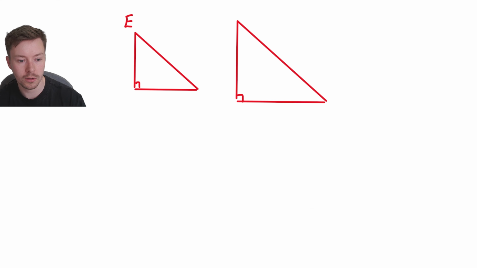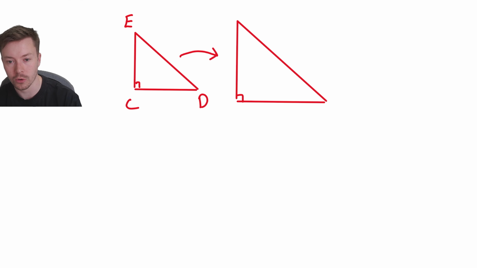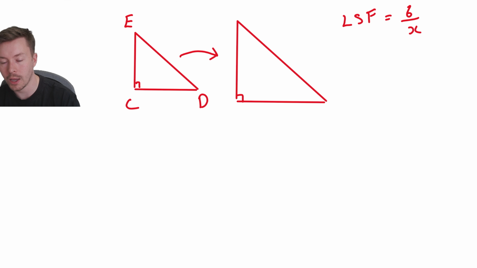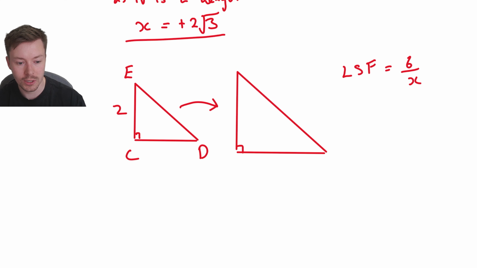So this was E, this was C, this was D. And we want to work out the area of this larger triangle. Now remember the length scale factor from this triangle to this triangle was 6 over x. Now this was 2, and this is what we've just worked out. This was x. So this is going to be 2 root 3. So I'm going to work out the area of the smaller triangle, and then use the area scale factor to scale that up to work out the area of the bigger triangle.